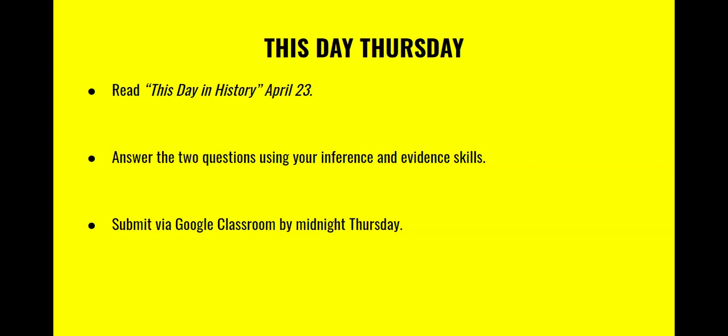Really try and look through the evidence in the reading to figure it out without Googling it. And then in the second question, you're going to justify, using the evidence from the reading, why you selected that date. And again, that is due via Google Classroom tonight. So this is really your assignment for today.